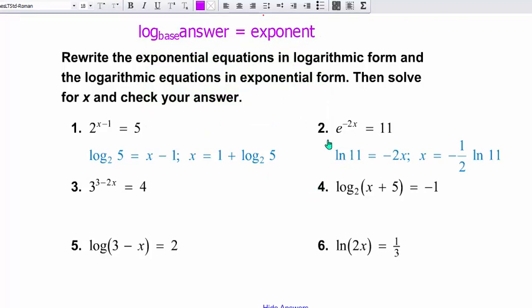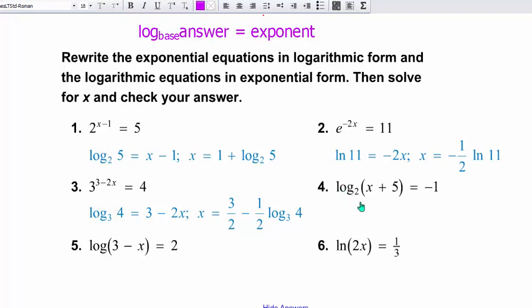When we rewrite the second one, the opposite of e is ln, the exponent equals the answer, and then solving that for x, we would get this equation. This is going to be log base 3 of 4 equals the exponent, and simplifying that we get this.